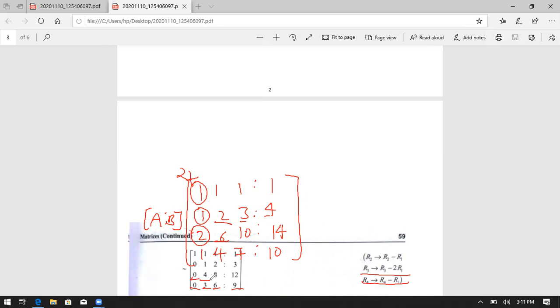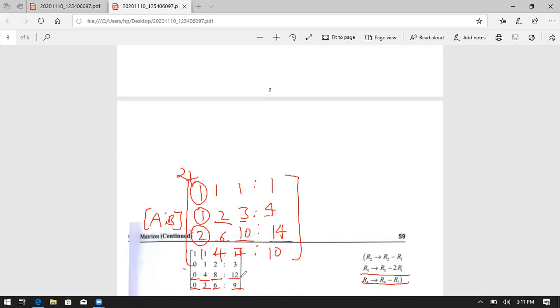Next, 10 minus 2 into 1 is 8. Next, 14 minus 2 into 1 is 12. I write here 0, 4, 8, and 12. That is the third row.